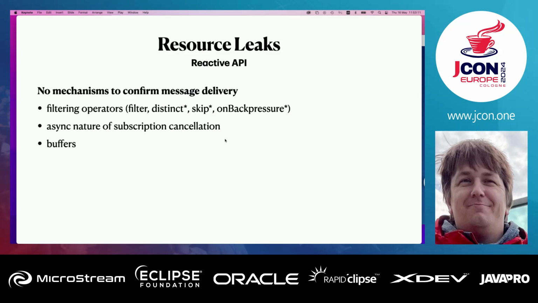Why is it so? First of all, filtering operators, like plain filter or distinctUntilChanged or skip elements or onBackpressure or whatever. You will face the fact that some elements are just dropped out, and RxJava doesn't have any API to handle this situation.